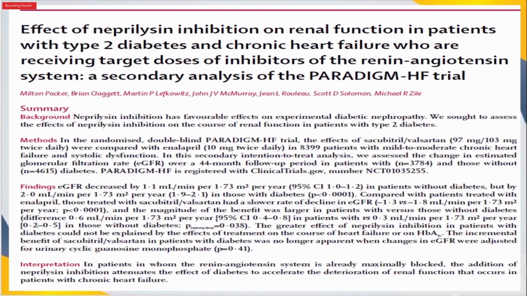So it's not enough to just block the RAAS system. It is better to use Euperio, which has both neprilysin inhibition and RAS blockade, because if you do a RAS blockade alone, you'll find that quite a number of the patients try to compensate on the other side of the natriuretic peptides. Next slide.